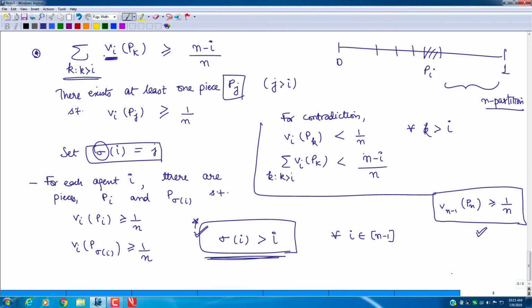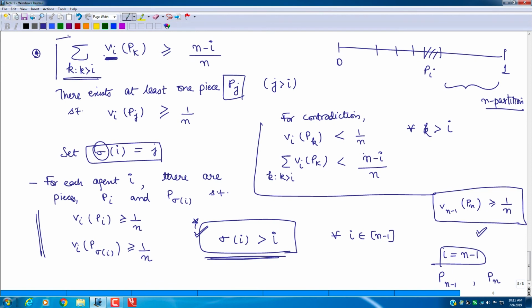So his observation was in particular for the n minus 1th agent. Let's just set i equal to n minus 1 for this particular observation. So he had his primary piece p_{n-1}, which he values at least 1 by n, and there exists one more somewhere ahead of it. You only got one option, it must be p_n, because sigma(i) is always greater than i because of this particular inequality.